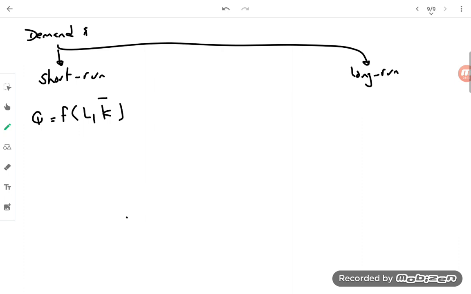So it takes time to fully adjust the consumption and production behavior. While in the long run, we can substitute labor for capital, there is no problem about that. As labor and capital, all of them are variables, and there isn't any factor which is constant. This with respect to the demand side. What about the supply side?